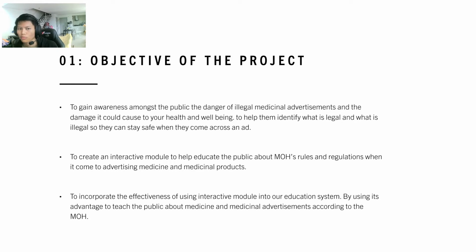From what I found, we've seen evidence of an increase in effectiveness when teaching people. So that is why I put it as one of the objectives of the project, to incorporate the effectiveness of using an interactive module into our education system.